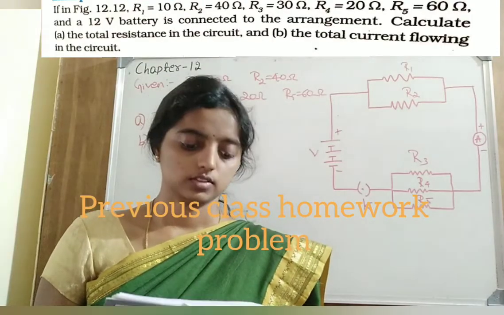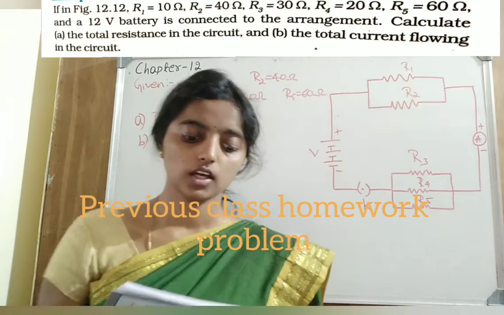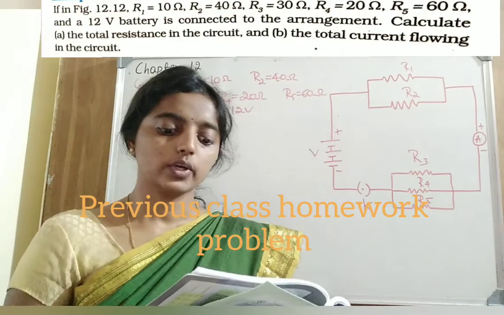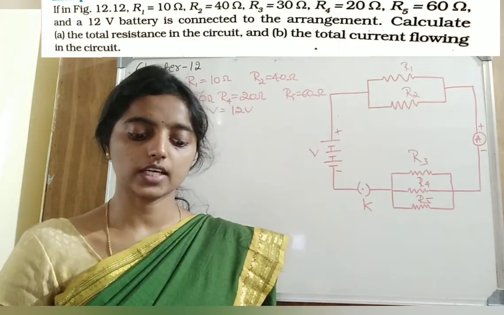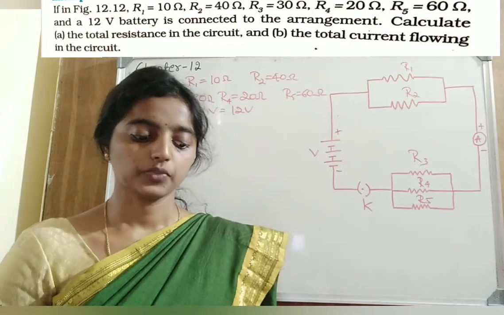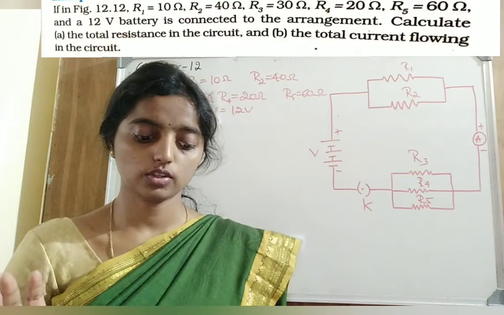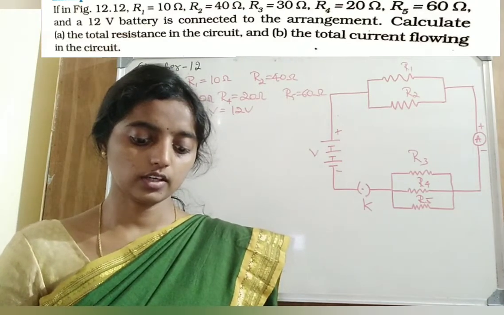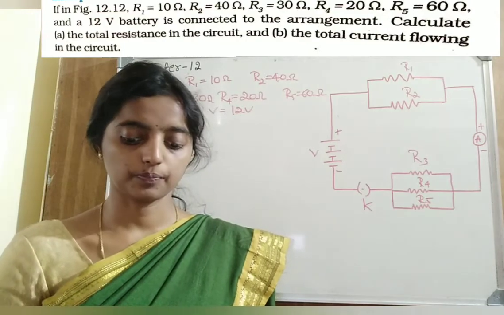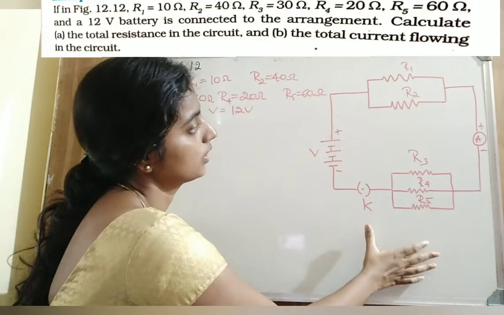In the figure, R1, R2, R3, R4, R5 are 10, 40, 30, 20, 60 ohm respectively, and a 12 volt battery is connected to the arrangement. Calculate, the first one, the total resistance in the circuit, and the second one, the total current flowing in the circuit. See, this is the circuit diagram.